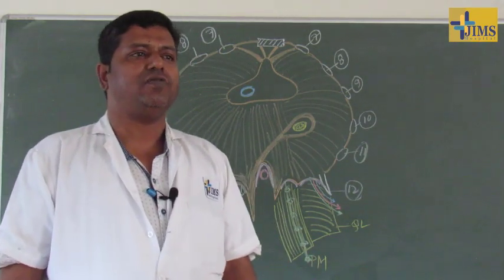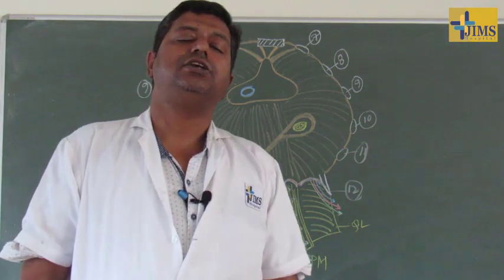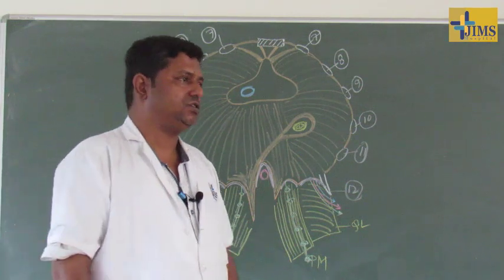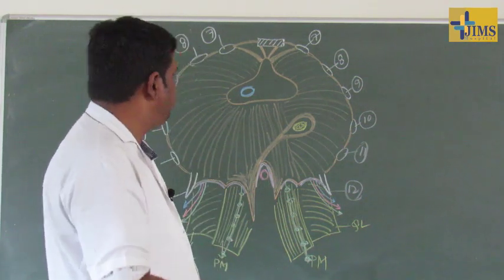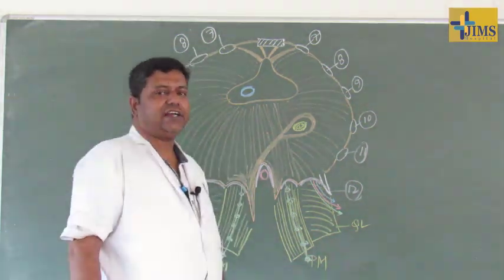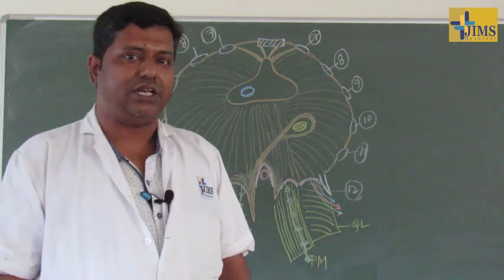Now, what about the shape of the esophageal opening? It is elliptical in shape, just like an ellipse. And what about the effect of contraction of the diaphragm on this esophageal opening?